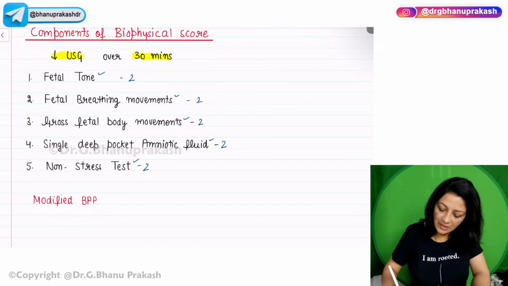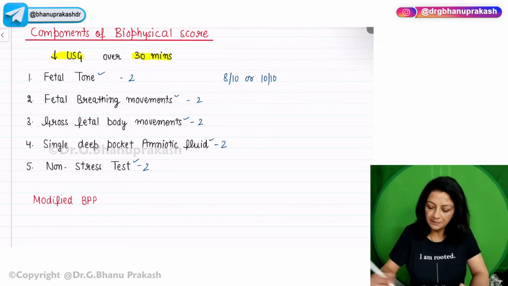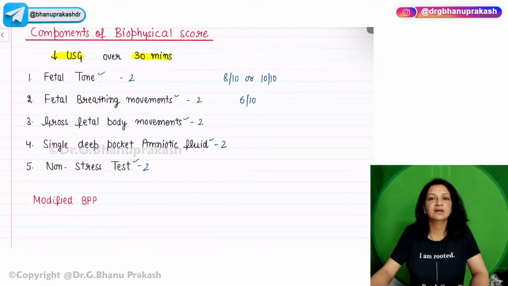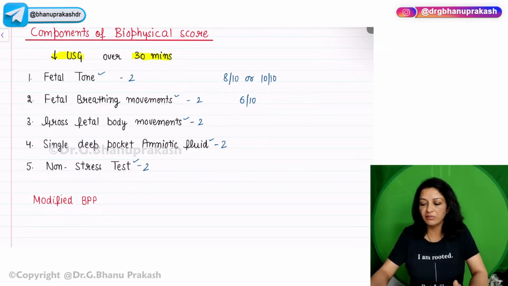If the score हमारे पास आता है 8 or 10 out of 10, it means fetus is healthy. If 6 out of 10, then we will reassess for 24 hours. 24 hours के बाद हम क्या करेंगे? हम इसको फिर से रिपीट करेंगे.